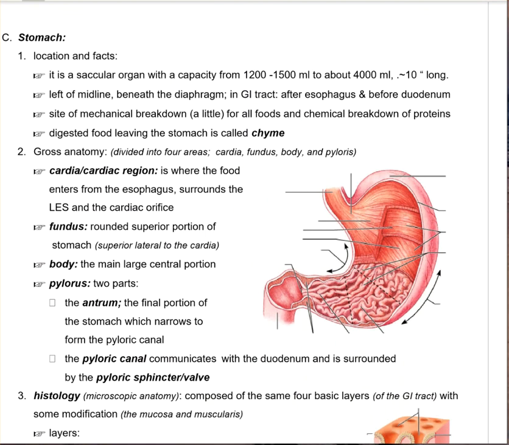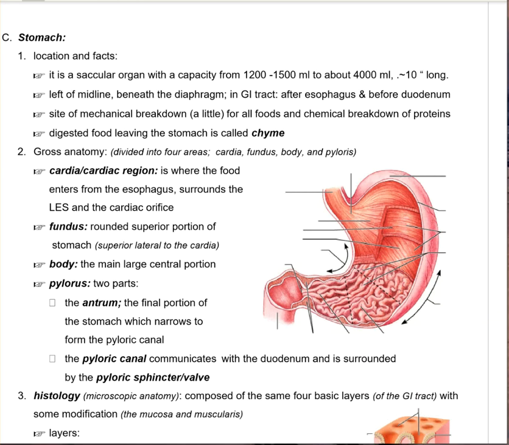Okay, next let's move to the stomach. Now the stomach's capacity can really change as we stretch the smooth muscle of the stomach. So normally the stomach holds around 1,200 to 1,500 mils, but it can go up to 4,000, about tripling.